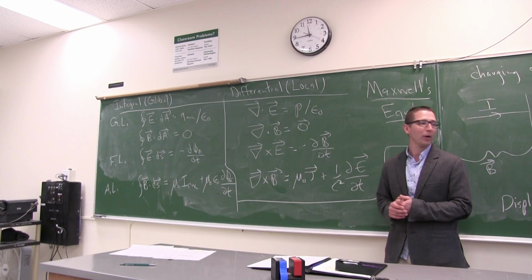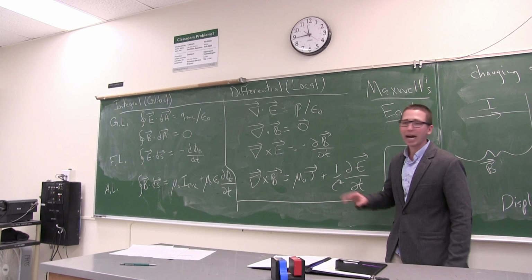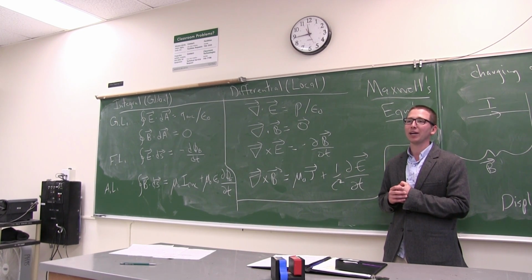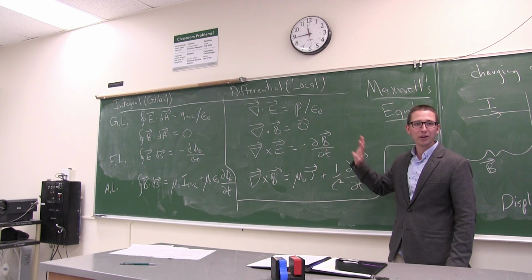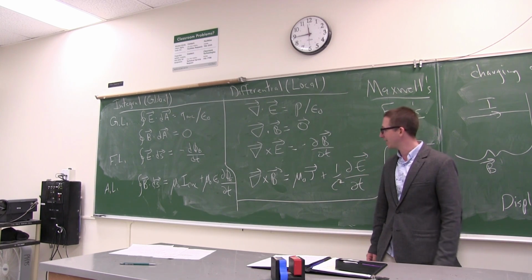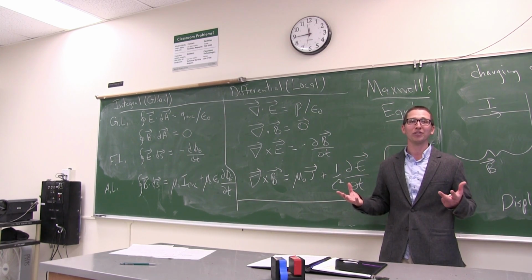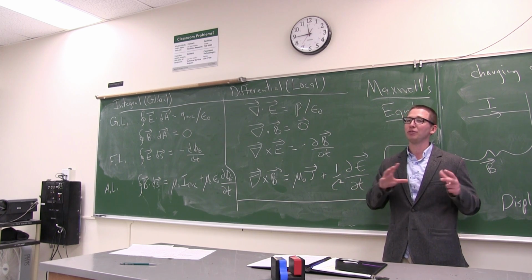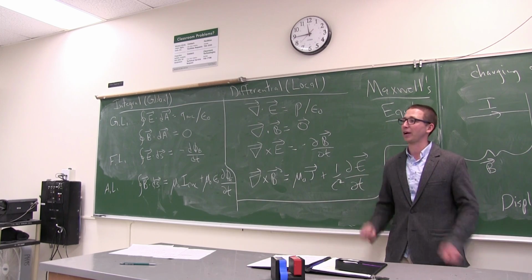There's one other piece of information which we could add here which would complete the theory, and that would be basically saying that we know that charge is conserved. We've never been able to create or destroy charge, you can only move charge from one area to another area.